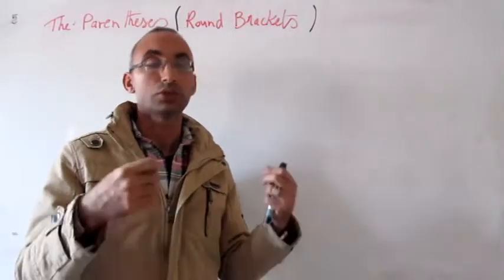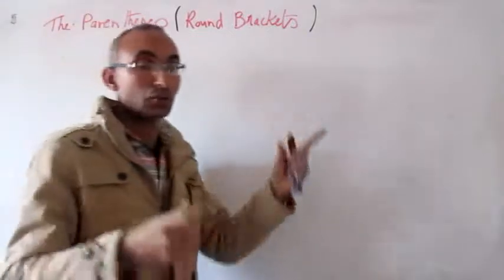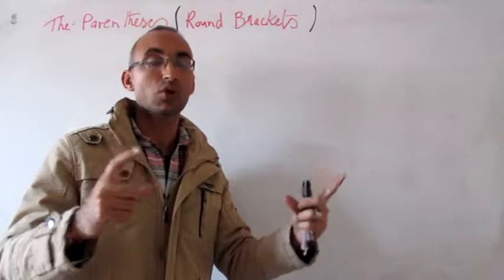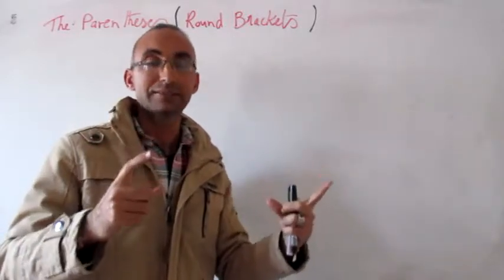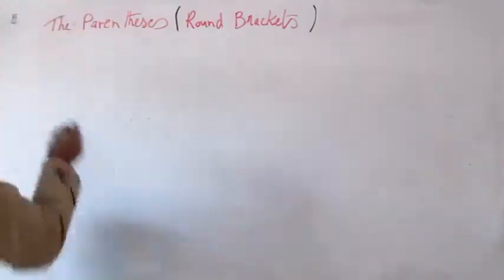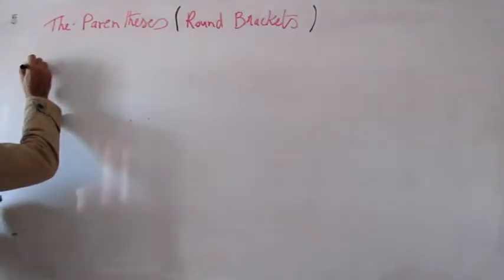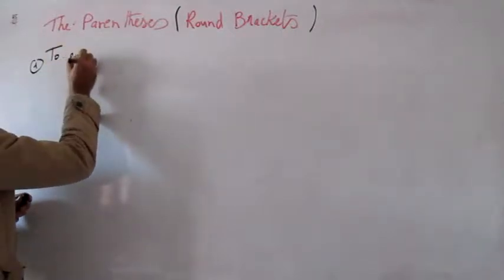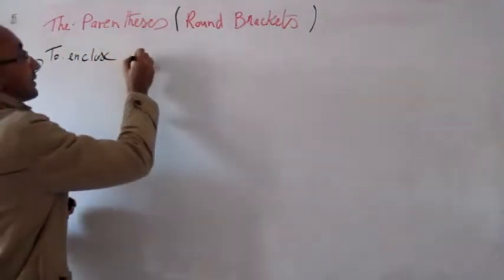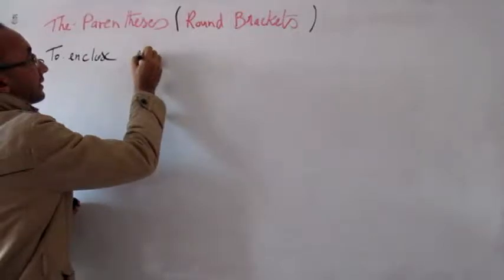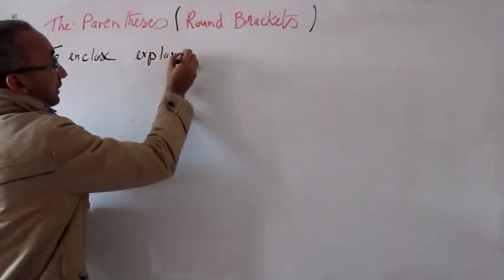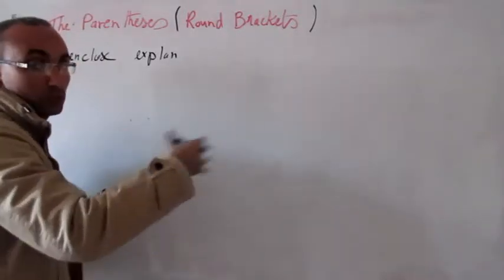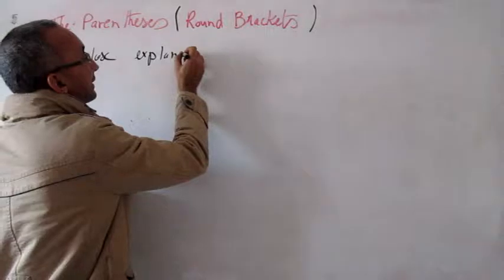And here we use the parentheses to enclose these supplementary or additional material in our sentence. So we write, number one, they are used to enclose explanatory, especially for the sake of clarifying a previous word or element in the sentence.